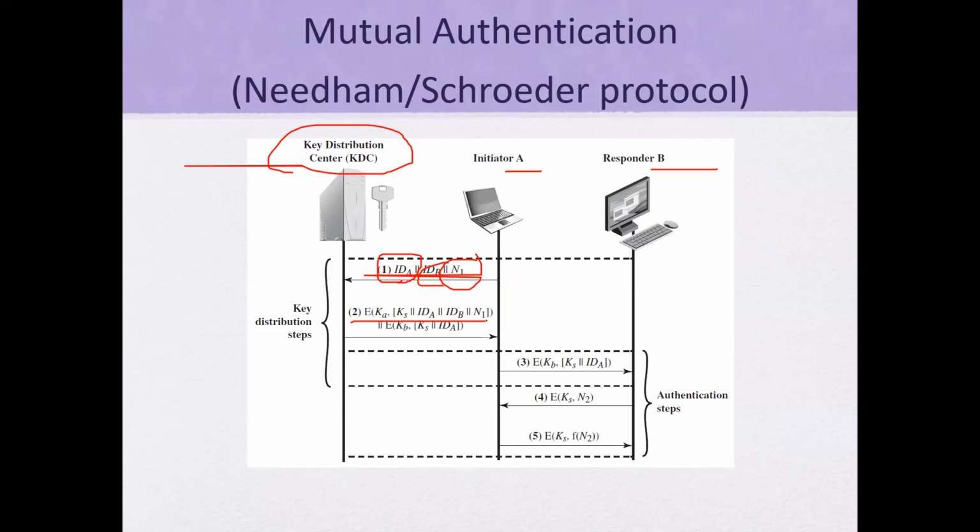Based on that, it is going to send the encrypted message to A, and that message is verified and sent to B. Now there is some transmission between A and B. In order for A and B to communicate, there is one key distribution center with the master keys and the session keys.